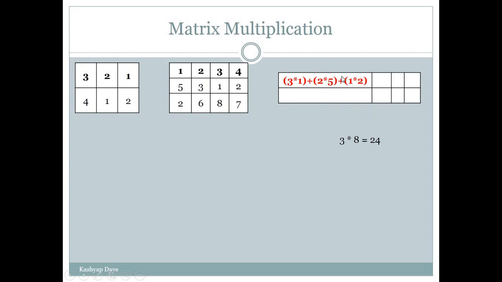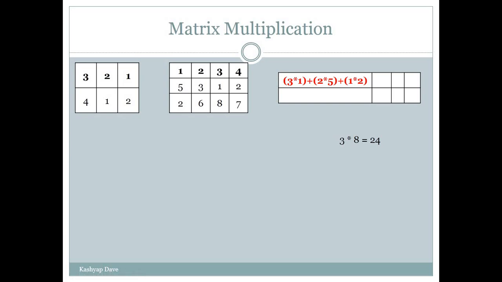So 3 multiplications are needed for one element, 3 for the second, and in total we need 24 multiplications for generating the resultant matrix of these two matrices.